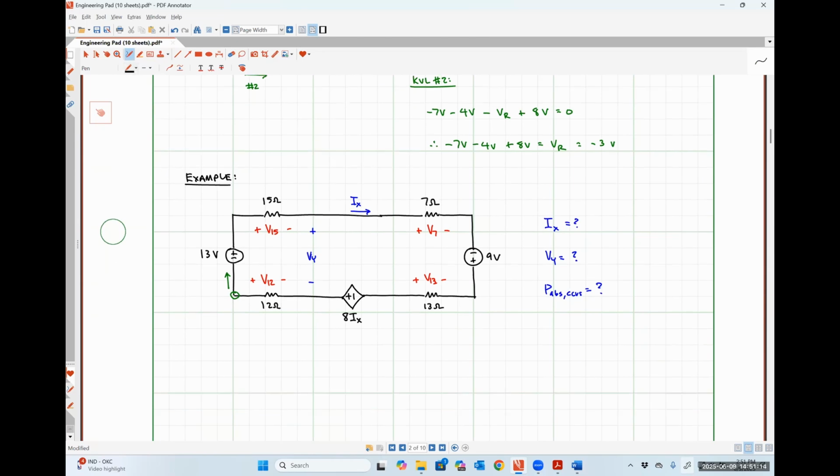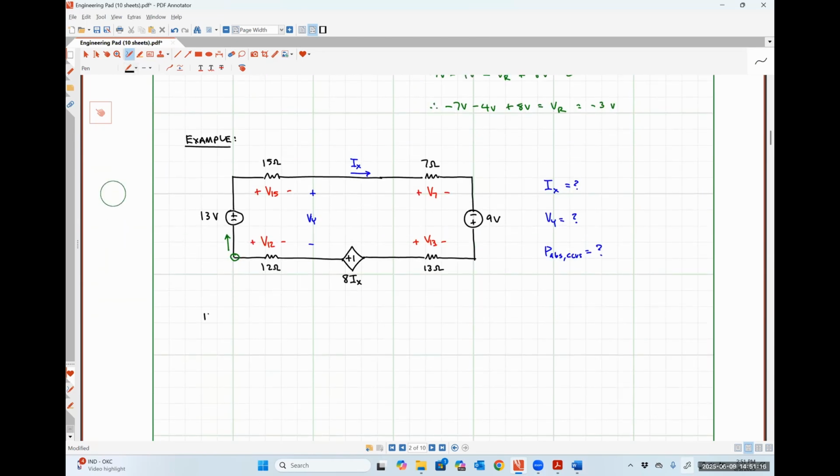So if I write my KVL equation, the first thing that I see is the negative polarity terminal of the 13-volt source. So I'm going to have negative 13 volts. The next thing I see is the positive polarity terminal of that voltage V15. The next thing I see is the positive polarity terminal of that voltage V7.